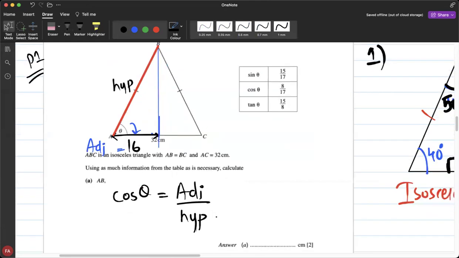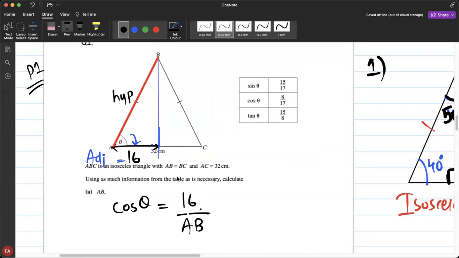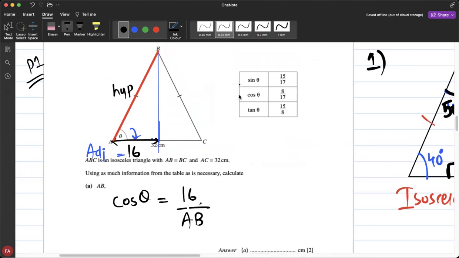Now, in this case, what's adjacent? Adjacent is something that is given to us as 16. And what's hypotenuse? Well, that has to be AB. I'm just going to call that the side AB, what they're asking us. Am I familiar with what cos theta is equal to? Yes. That means cos theta is equal to 8 over 17.